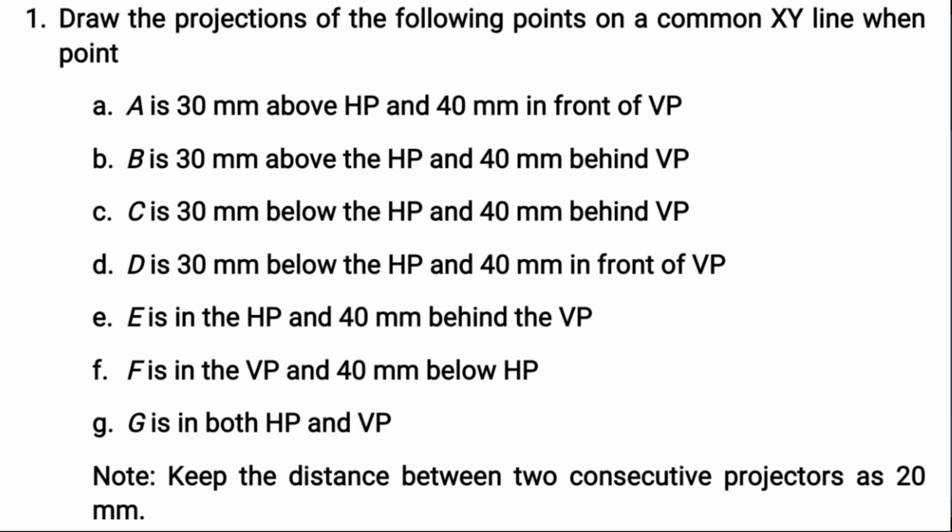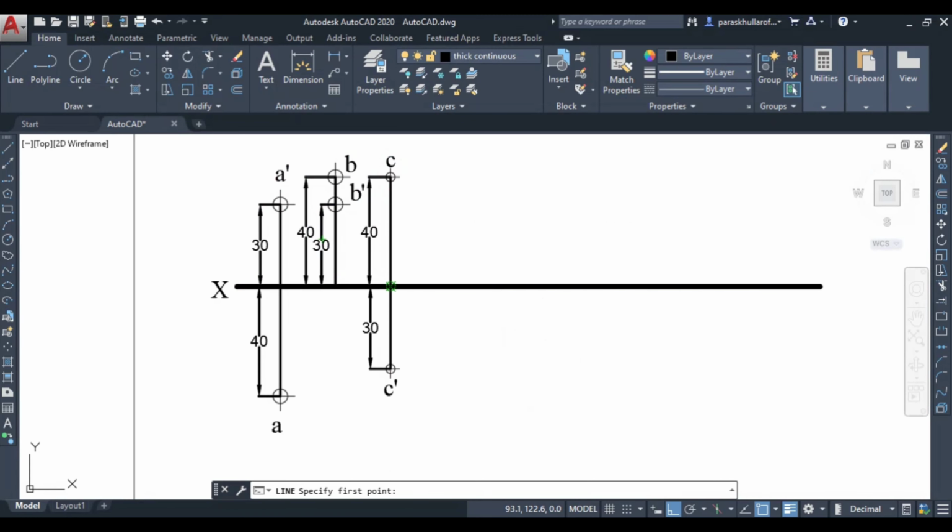Right. Let us draw in the fourth quadrant, which is D, 30 mm below HP, 40 mm in front of VP. Right, so here both the views will be drawn below XY line. So again we have to leave a space of 20 mm. Now let us draw.